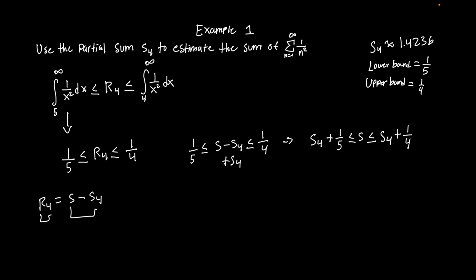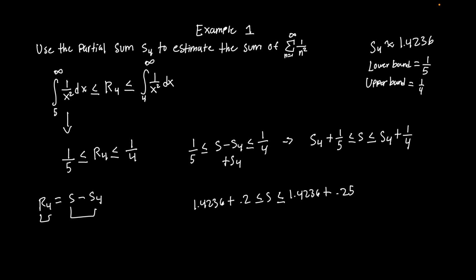So it's going to be 1.4236 plus, remember 1/5 is just 0.2, plus 0.2 is less than or equal to s, or the actual sum, which is less than or equal to 1.4236 plus 0.25.